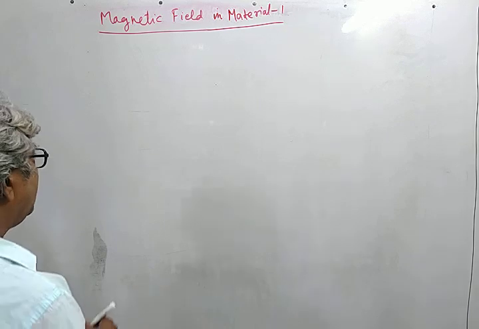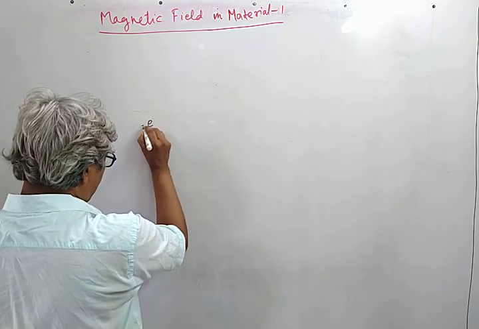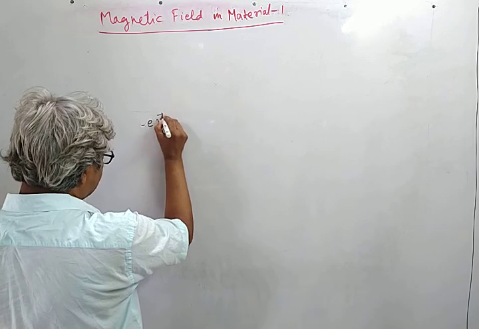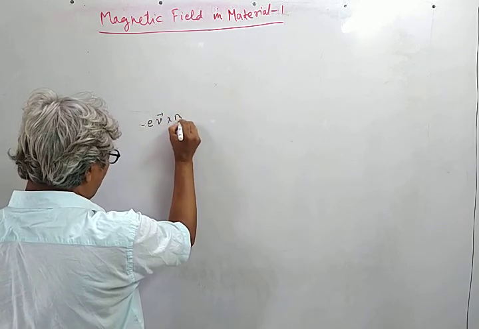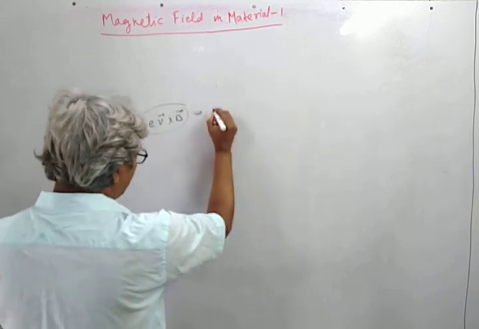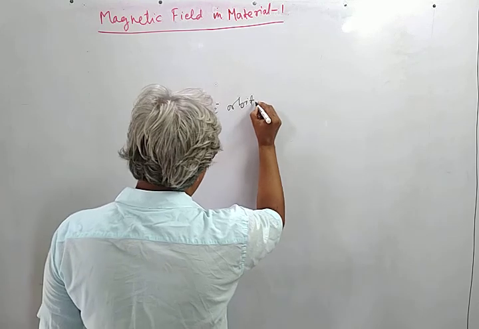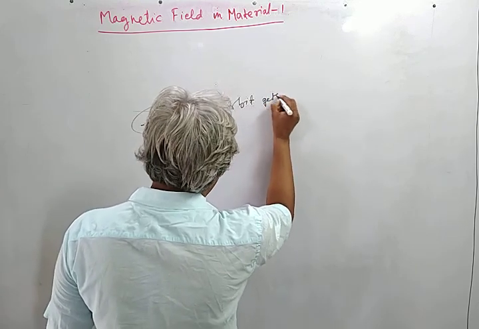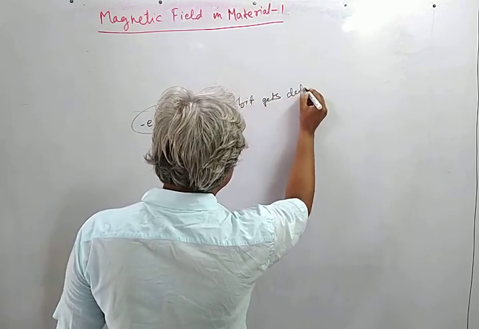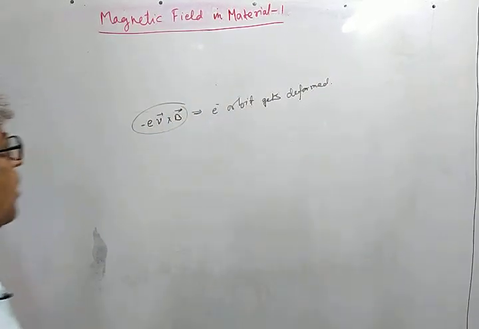Here, the electron revolving in an orbit, when placed in a magnetic field, experiences Lorentz force, and due to the action of the force, the electron orbit gets deformed. The situation is complicated and the deformation is in a complicated way.